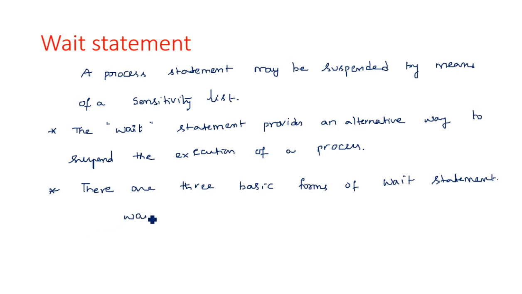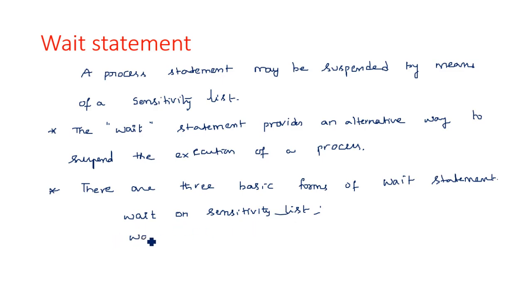Wait is nothing but a keyword which has to be written in the same way. Here we have to write the sensitivity list like A, B, C, D. Whatever the inputs are there, those inputs are known as the sensitivity list. So wait on A, B, C, for example.